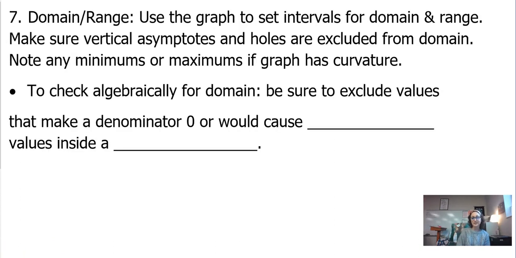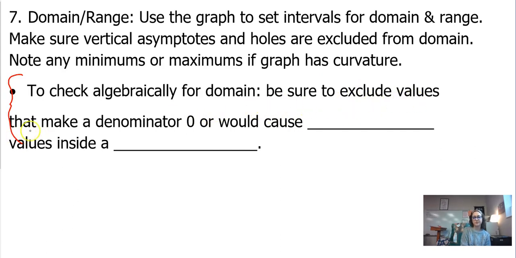And then the last thing we want to look at is domain and range, okay? So for range, you are welcome to go ahead and graph and take a look at the y values that are covered. For domain, there are two things you really need to watch out for if you want to do it algebraically, which I recommend because you may have a hole that you're not going to be able to see in your graph.